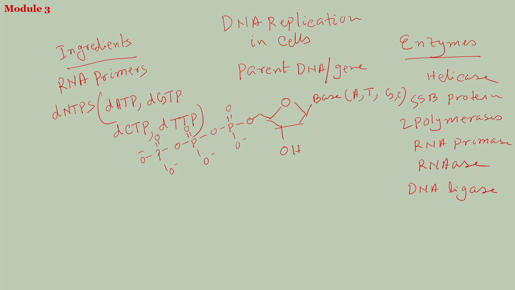So, at least these are the enzymes that you required, and these are the ingredients, the chemical structures, that you required for the replication of DNA inside the cell. Now, the question is, if you take all of these together in a test tube, are you going to be successful? Is it going to work in doing the replication?